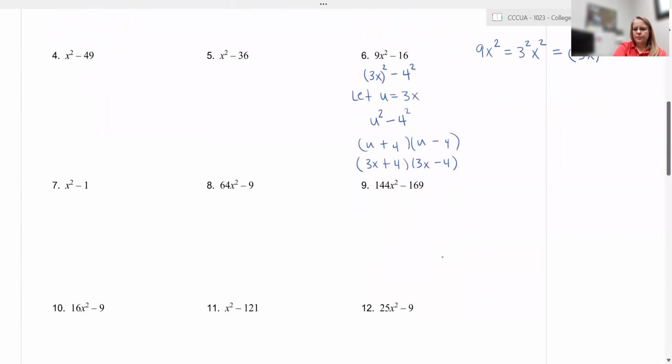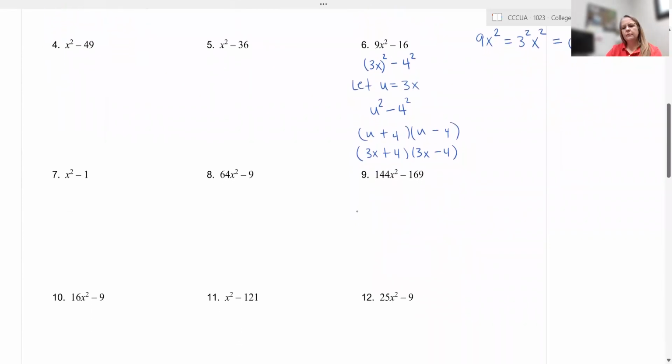Let's do another example where I'm going to do it both ways. I'm going to do number 9, where I do the way without any substitution, and then side by side, I'll do it with substitution. So what I've got is 144x squared, which is the same thing as 12x squared, and 169 is the same thing as 13 squared.